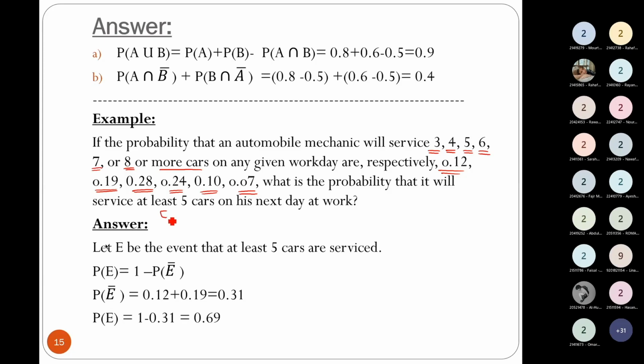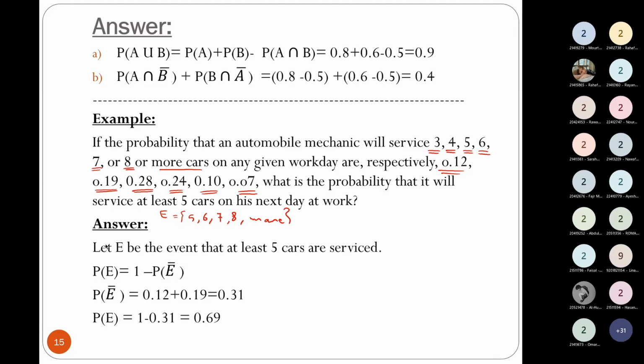The event here: service 3, 4, at least 5, meaning 5 or more: 6, 7, 8 and more.